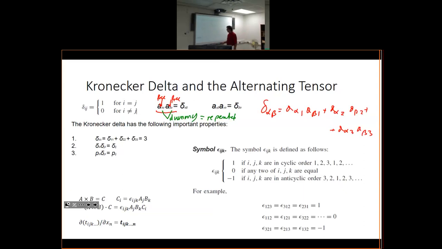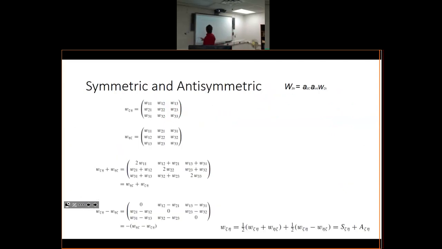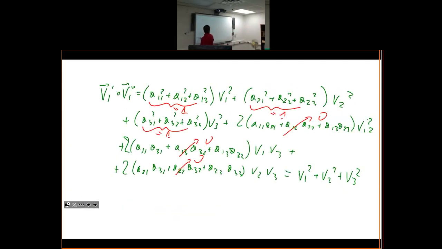So this is the same term that we just defined here, which we said is 1. So you can see that this Kronecker delta, delta alpha beta, is giving us all 6 terms.